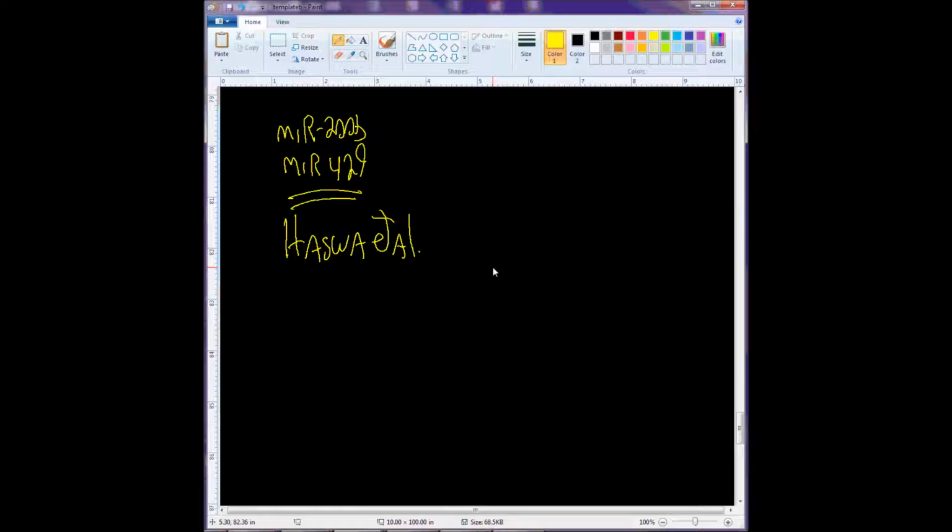So, first question. Based on the results described above, draw a diagram to explain possible relationships between miR200B and 429, the ZEB1 gene and the LHB gene, and ovulation in the miR DKO female mice. Okay.